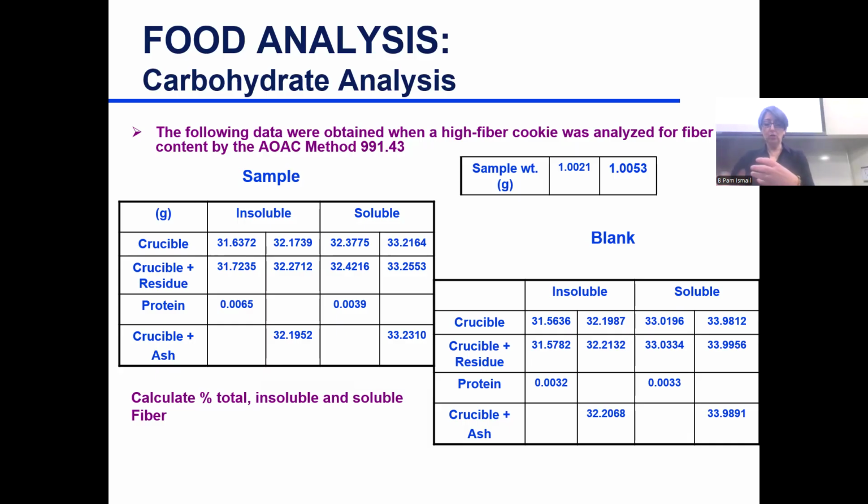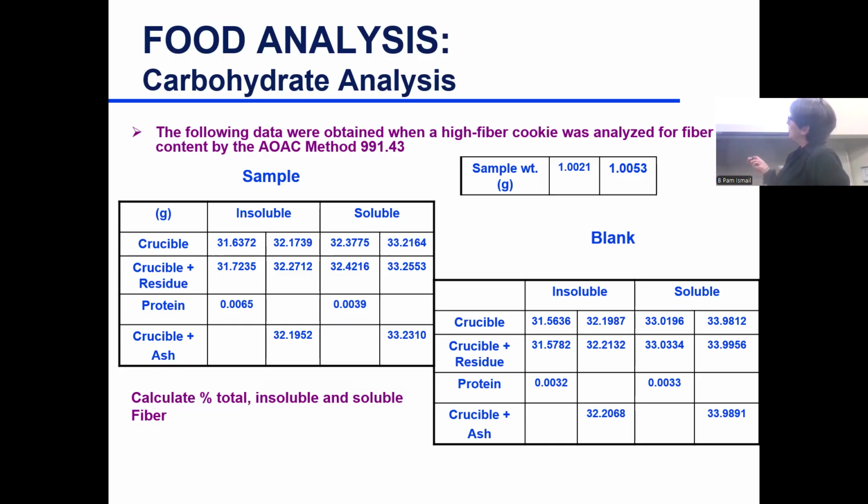After you put in the sample to filter, you will have the insoluble fiber on that as a residue. After you wash and dry, then you take the weight. The weight of that crucible plus residue, if you subtract the crucible, you get a specific weight.